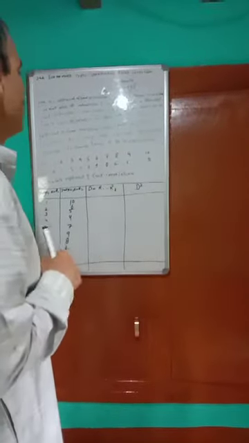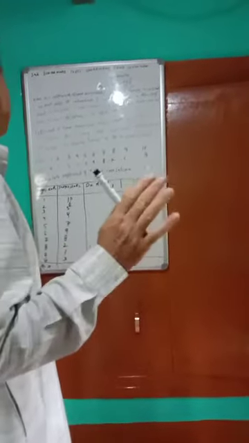Let us solve this question. In a fancy class competition, two judges accorded the following ranks to the 10 participants.